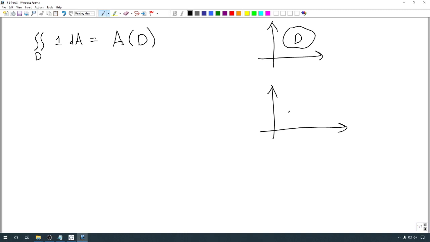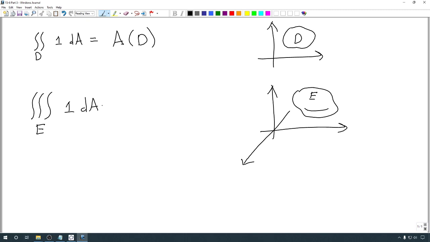So we have some region E in three-dimensional space. The triple integral over that E of the function 1, this time it's dV instead of dA, is the volume of that region.